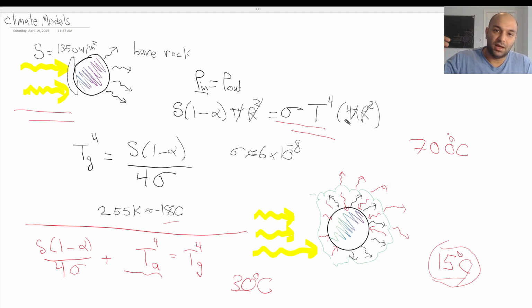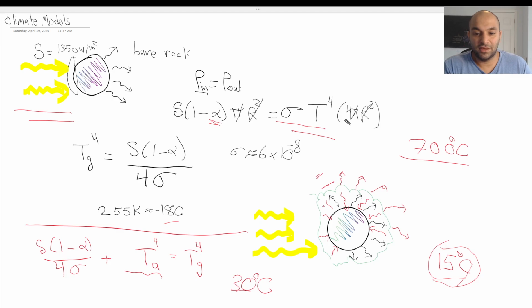So you warm it up, things start to evaporate, you get more and more of these layers, many layers, and that causes the temperature to go way up on Venus. Even though its albedo, its reflection, is very high, so it doesn't take a lot of this incoming radiation, the part that it takes stays there because of the greenhouse gases.